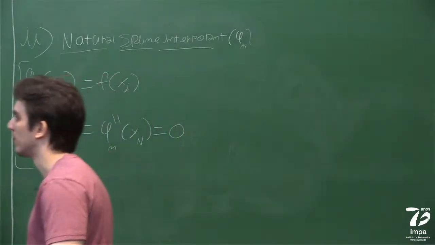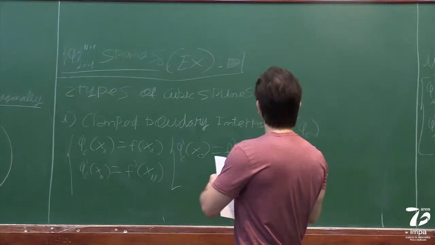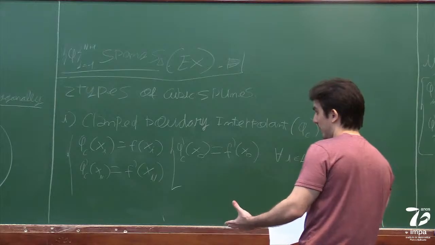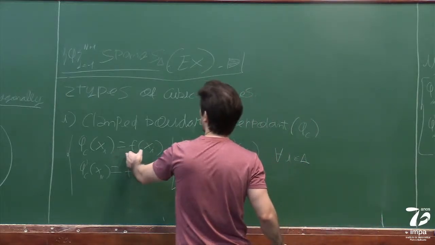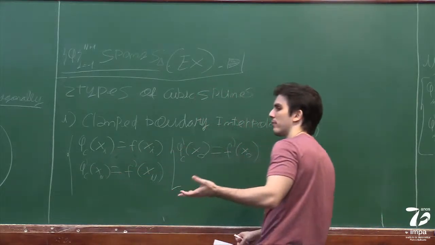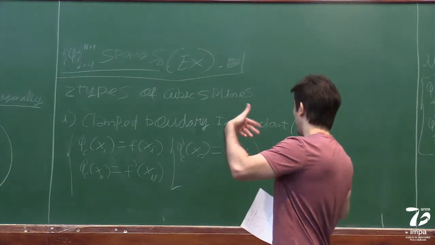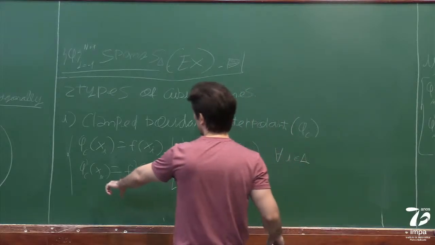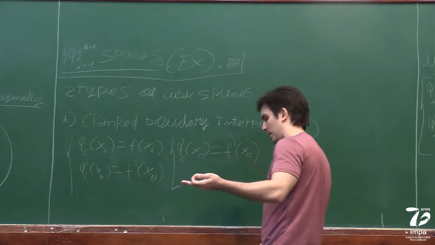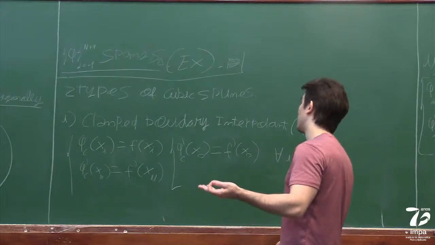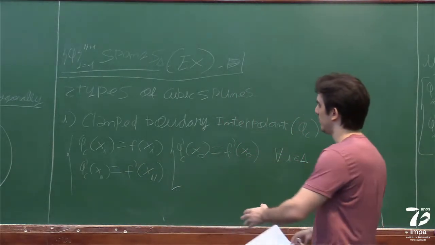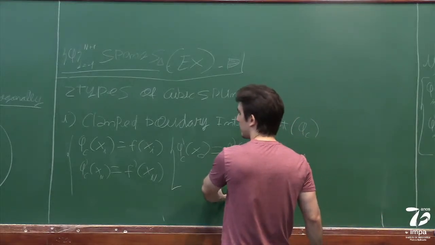Okay, so just to see what we have done. The first type of interpolation by cubic splines, we force the function to match our given function at each mesh point. Of course, this is an interpolation. And moreover, we also force the derivative of our interpolating cubic spline to match the derivative of our given function at each boundary. So this is one type of interpolation scheme that you can do using cubic splines.